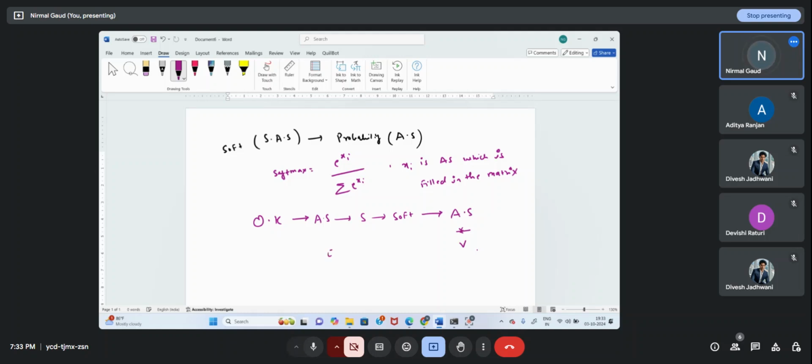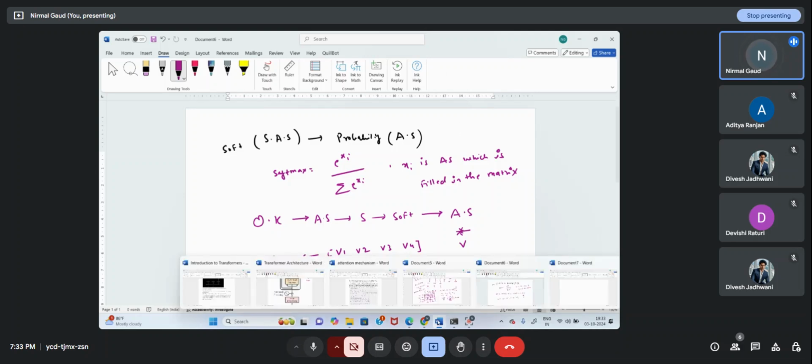That is your V1, V2, V3, V4. That's the value. So multiply this attention score with the value. This is the final step of attention mechanism. You will get some output.